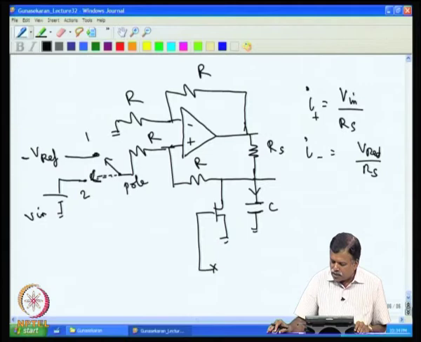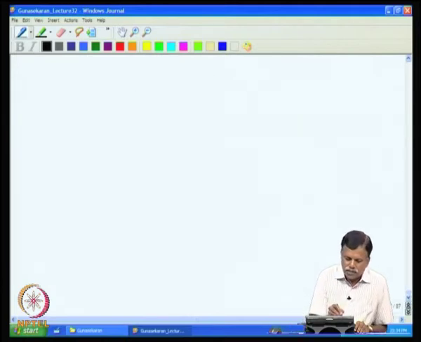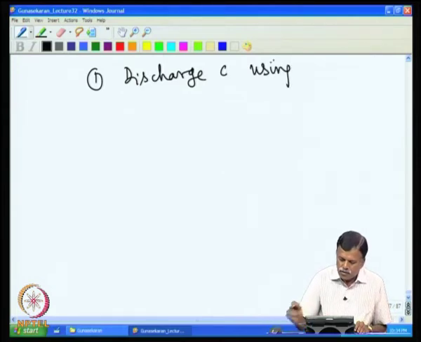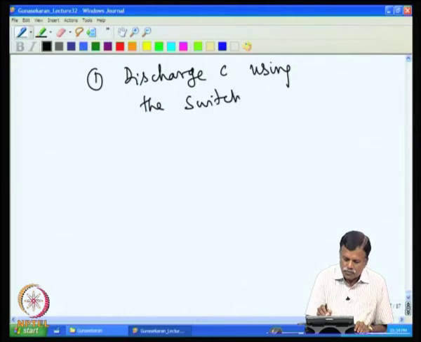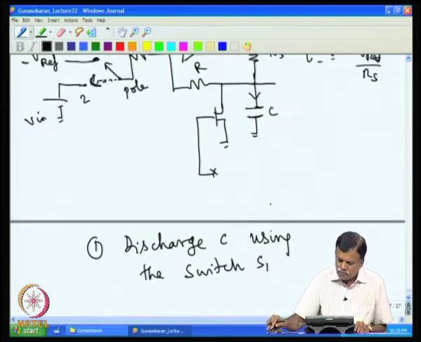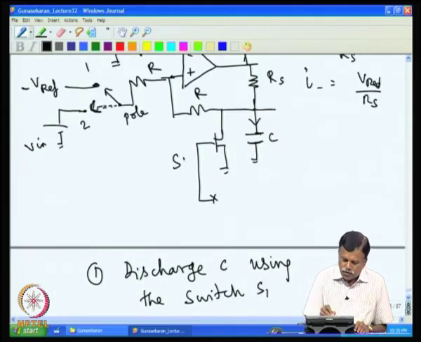So, what can be done is that I can discharge the capacitor first. First step would be discharge C using the switch, S1 I call it, that is S1.